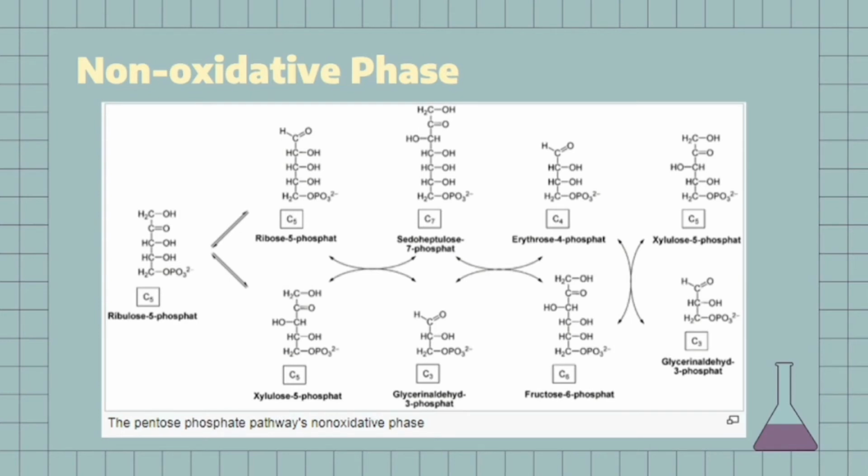The ribulose 5-phosphate undergoes the second reaction with the use of phosphopentose epimerase, and its product is xylulose 5-phosphate. The only difference between the two molecules, ribulose 5-phosphate and xylulose 5-phosphate, is their stereochemistry. The stereochemistry of their third carbon is different.